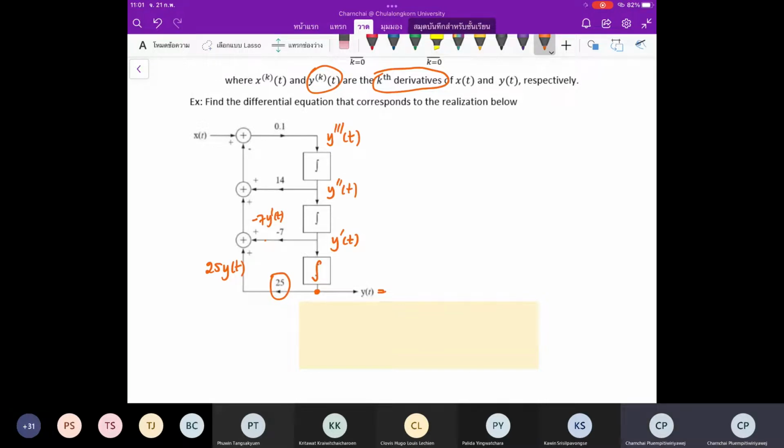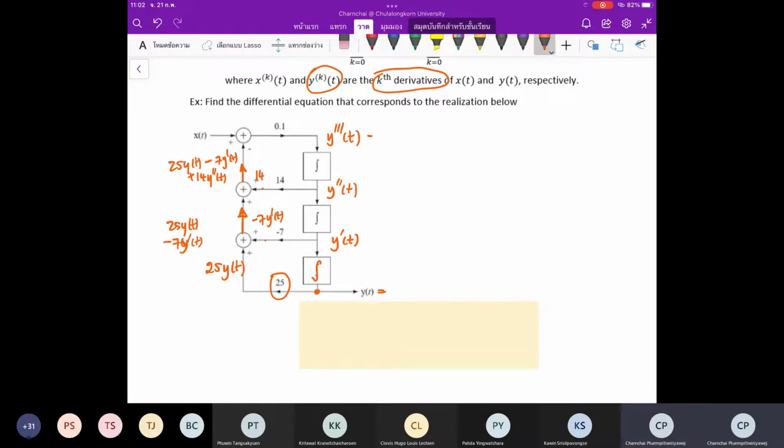And this one we get 14. So you sum this up. This leg would be 25 yt minus 7 y prime t, and goes up here, we get 25 yt minus 7 y prime t, and then plus 14 y double prime t.